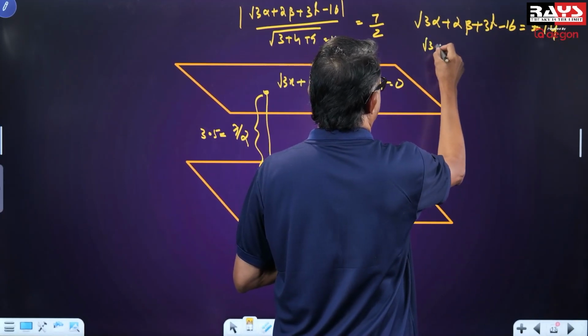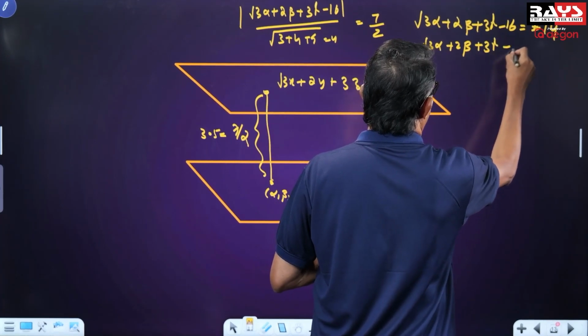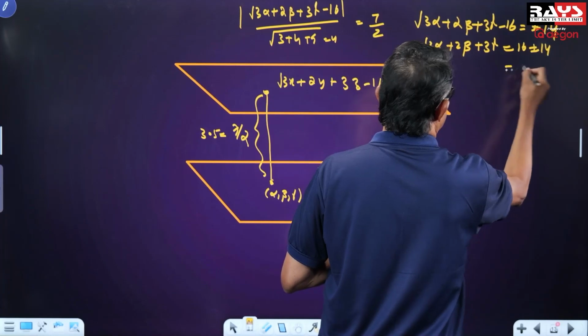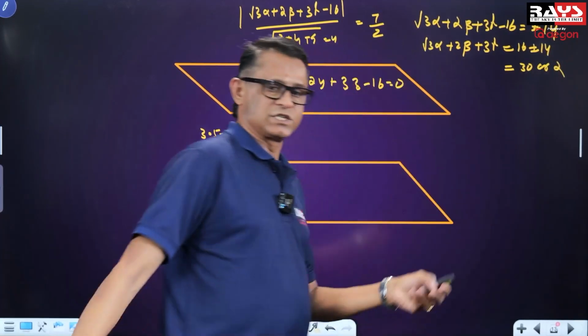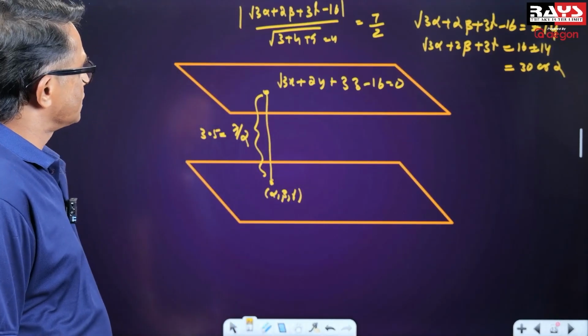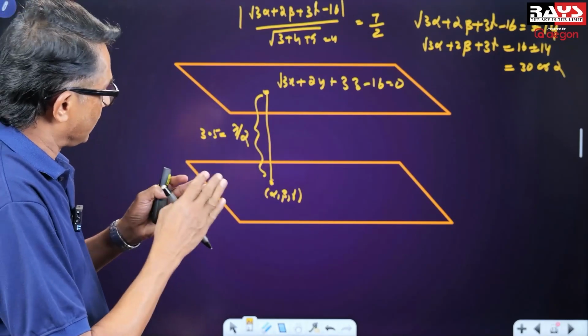So root 3 alpha plus 2 beta plus 3 gamma is equal to 16 plus or minus 14, that is 30 or 2, because 16 plus 14 is 30 and 16 minus 14 is 2. So the alpha, beta, gamma relation is connected by what?